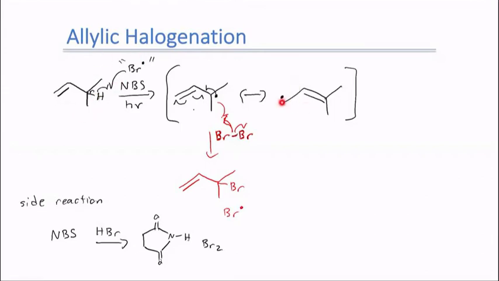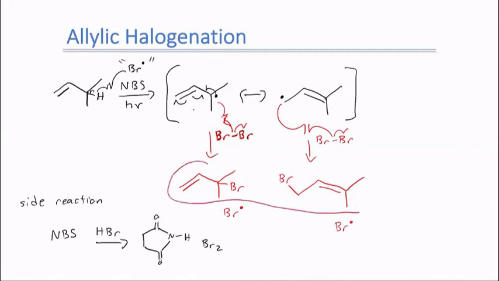Or if our allylic radical is in this position, when that one reacts with Br2, it then goes and gives us a product where the bromine is in this position. So these two compounds are the two possible products we can get from the allylic radical halogenation of this compound with NBS.